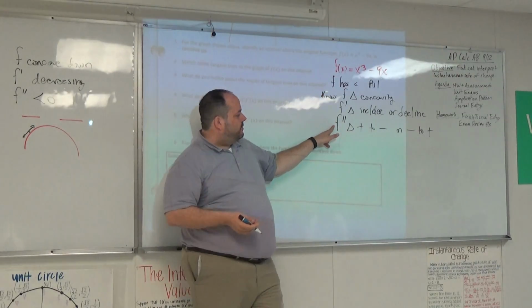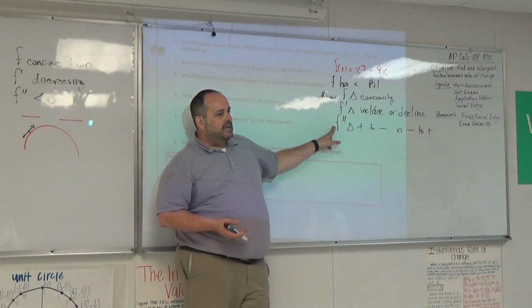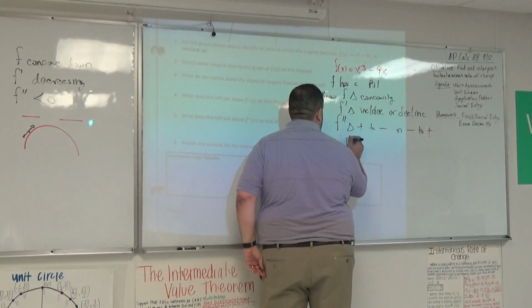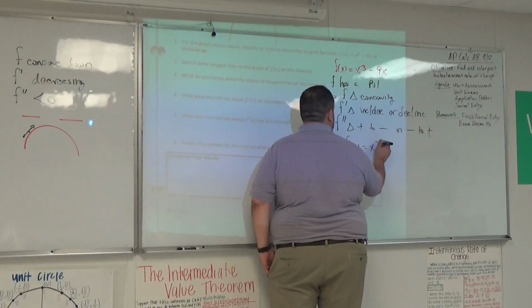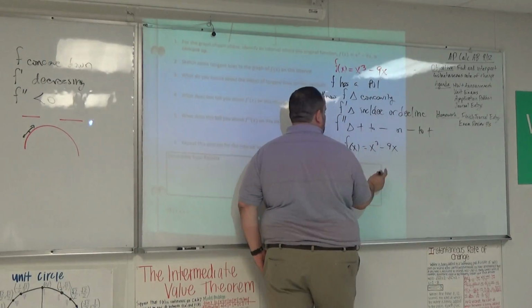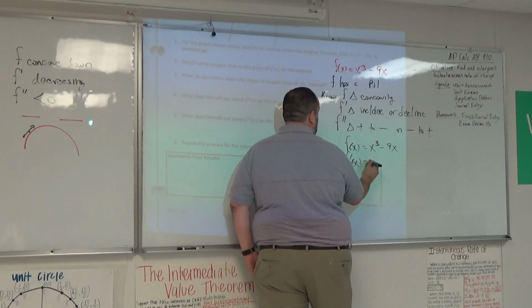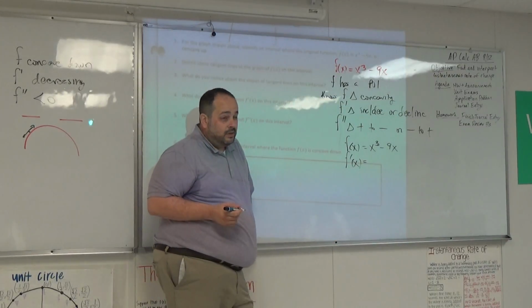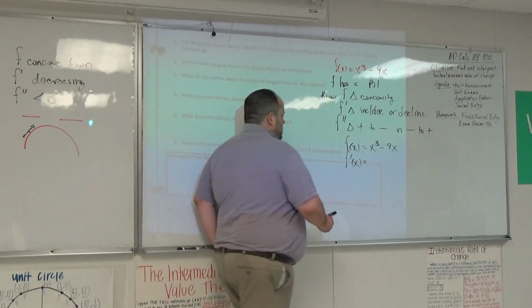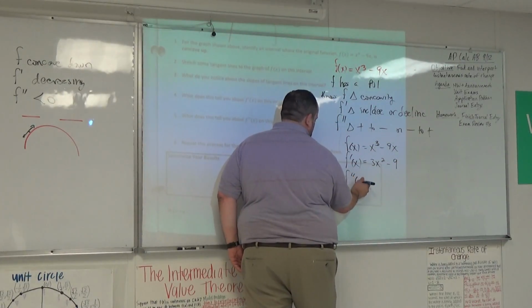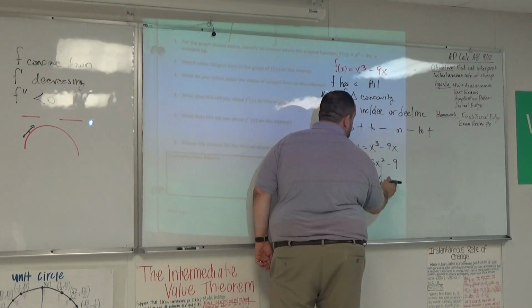What's so nice about this last piece is this is where you can actually use a number line test. If I know, for example, that f of x is x cubed minus 9x, then f prime has to be 3x squared minus 9, and f double prime has to be 6x.